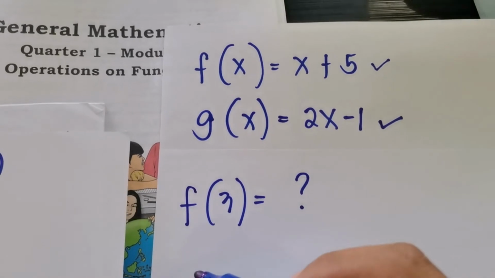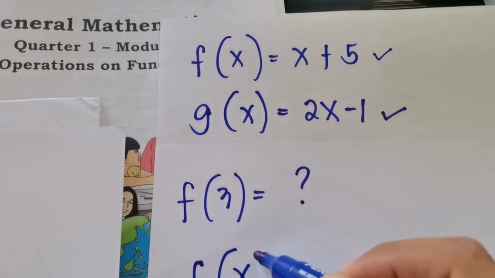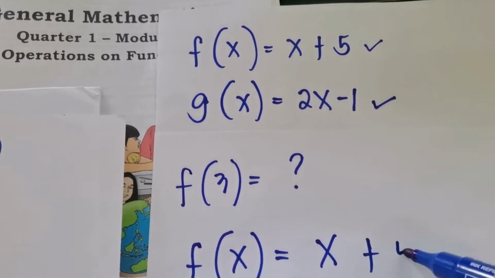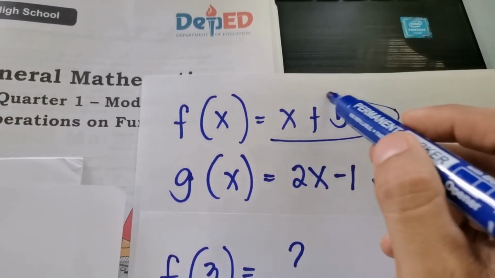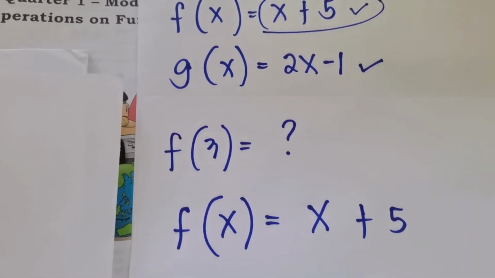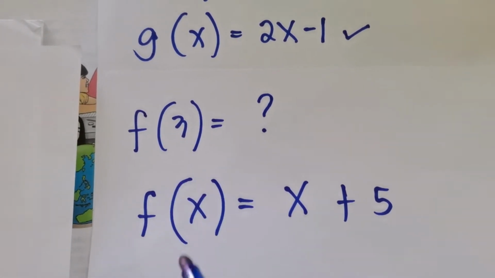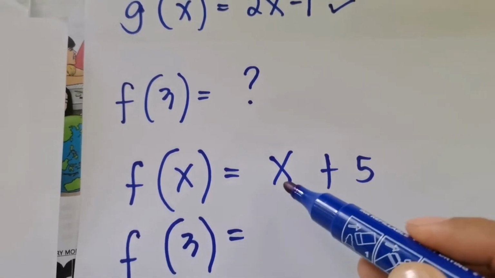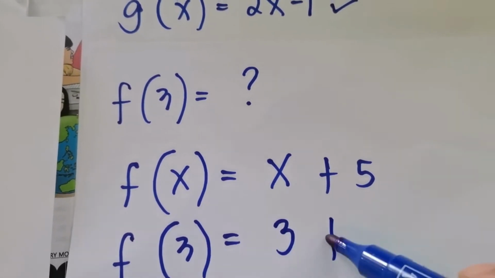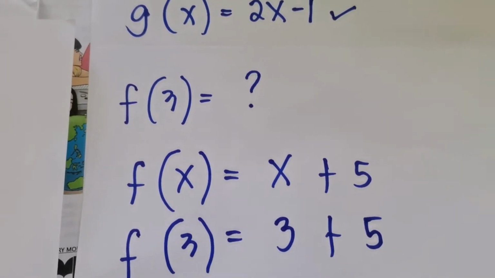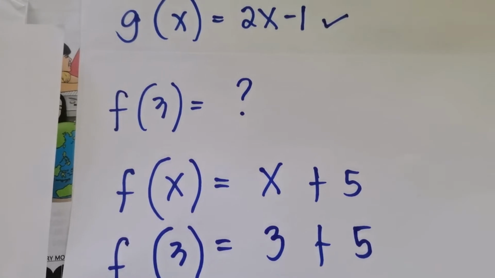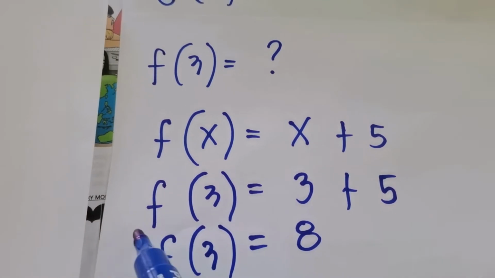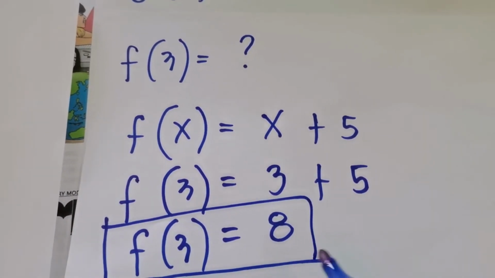The given function is f of x, which is equal to x plus 5. Since we're going to find f of 3, we'll simply substitute. So our x is 3. So 3 plus 5, which is equal to 8. Now our f of 3 is just equal to 8.